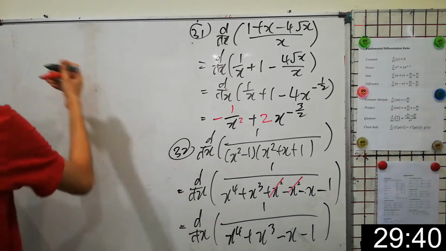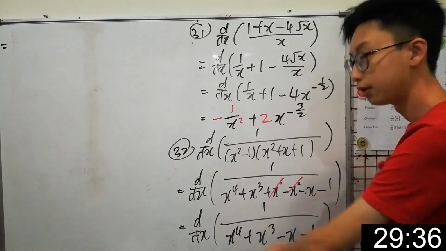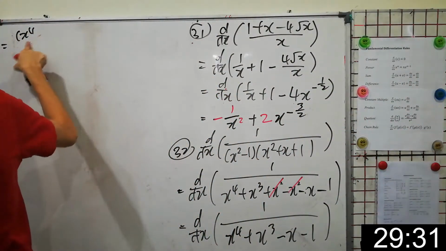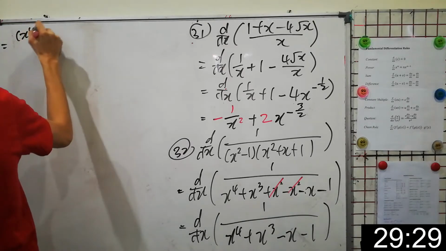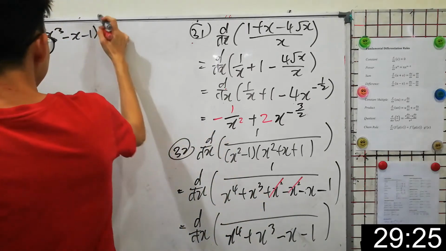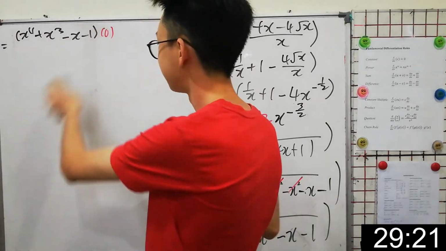Where are we? Okay, you copy the bottom, x to the 4th plus x cubed minus x minus 1. Then differentiate the top. This is actually just 0. So I want to save some space, so I just erase this part.